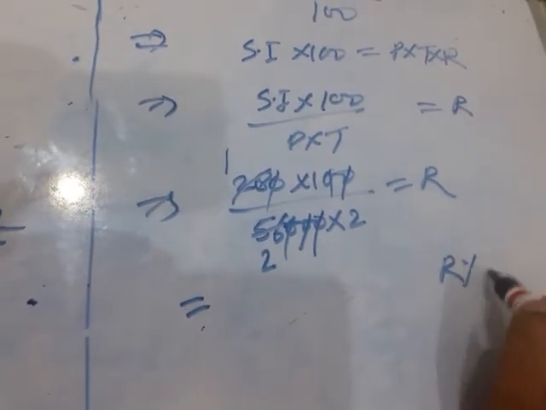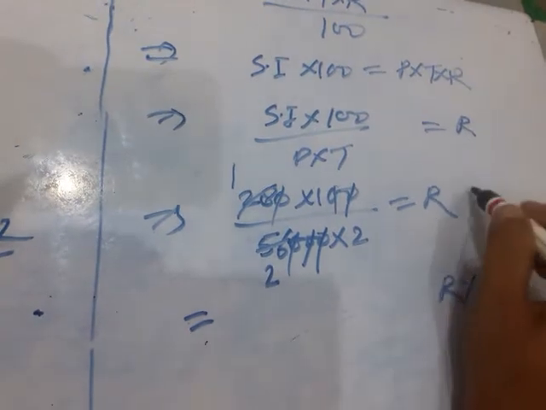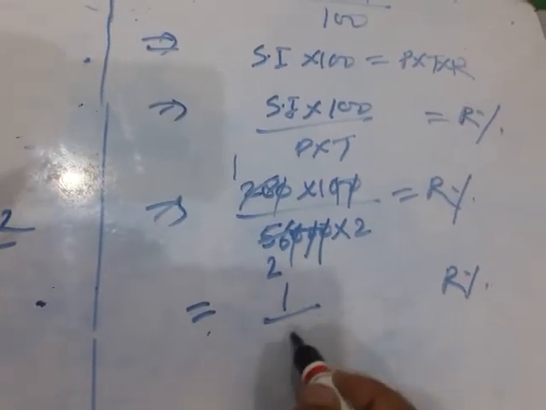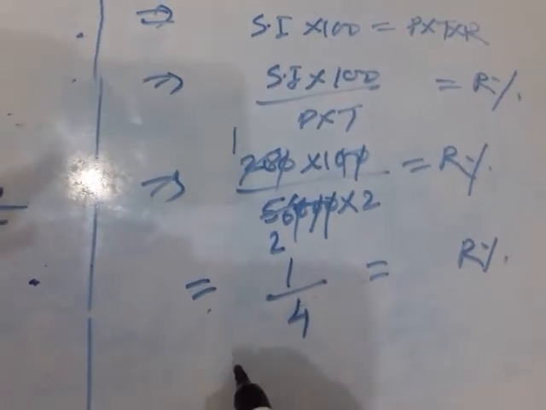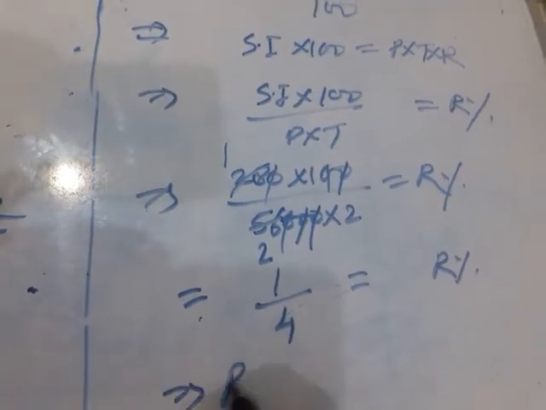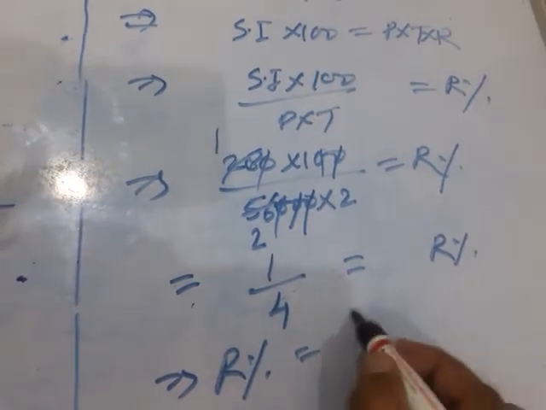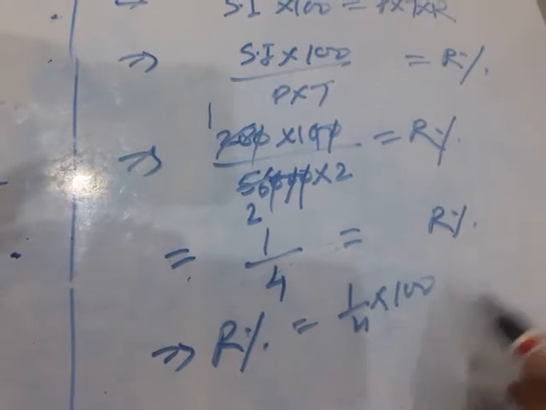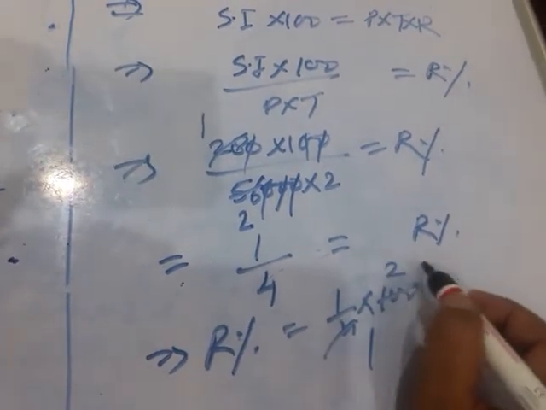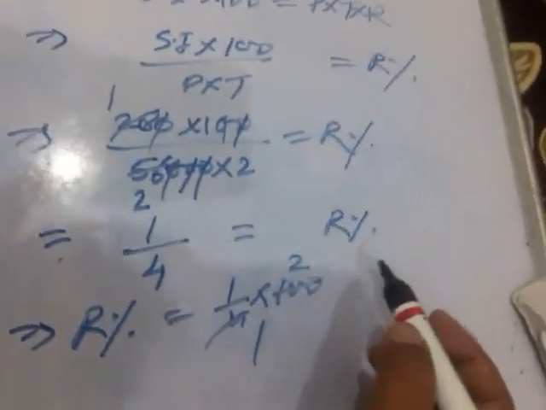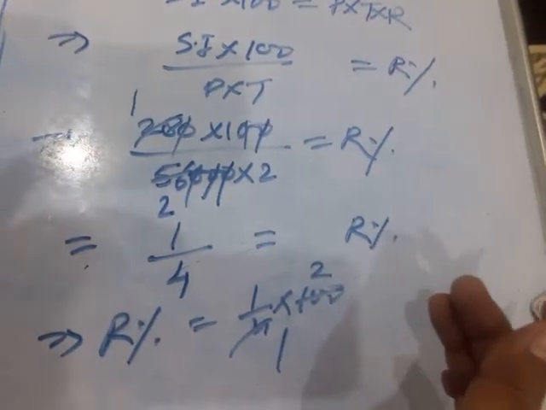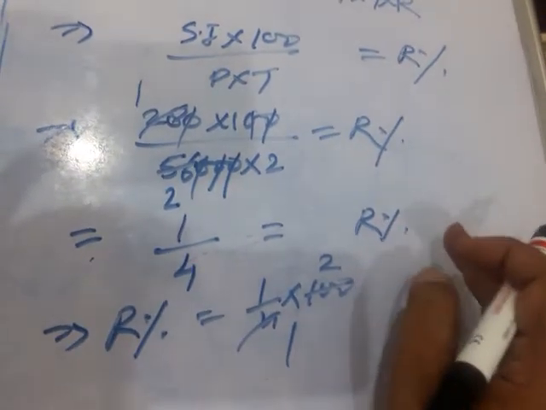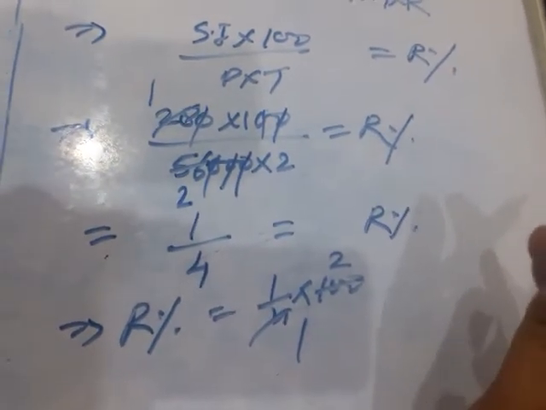R percent equals, R is always written in percent, so this is 1 upon 2 2 is 4, R percent equals 1 upon 4. You can convert this fraction. So this is 1 upon 4 percent.